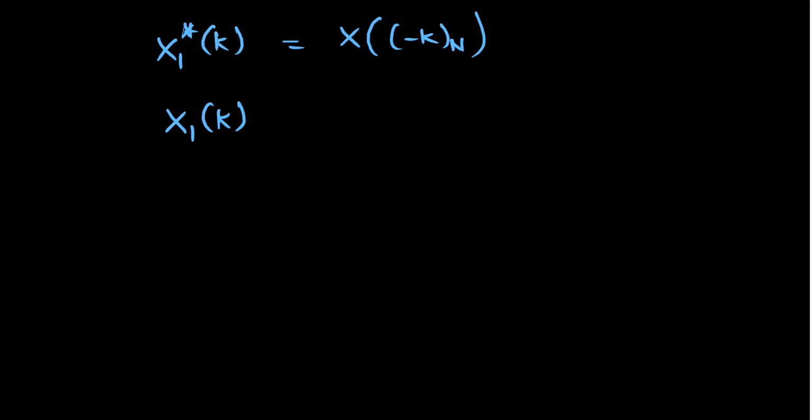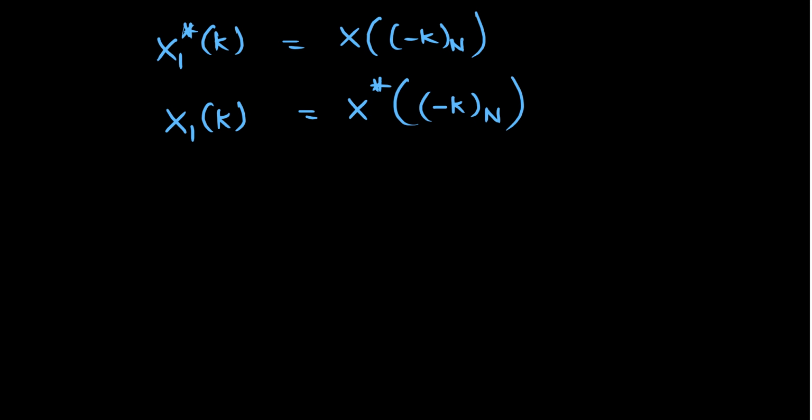Therefore what we have is X1 conjugate of k is equal to X of minus k modulo n, but we need to find the value of X1 of k, so let us again take the complex conjugate. So it would be X1 of k is equal to the complex conjugate of X of minus k modulo n.